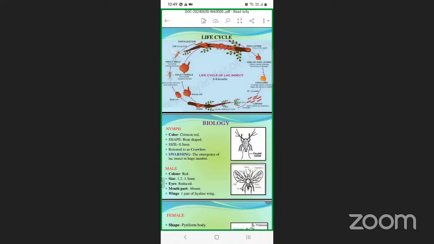Like this, a number of uses are there, which we call lac uses.